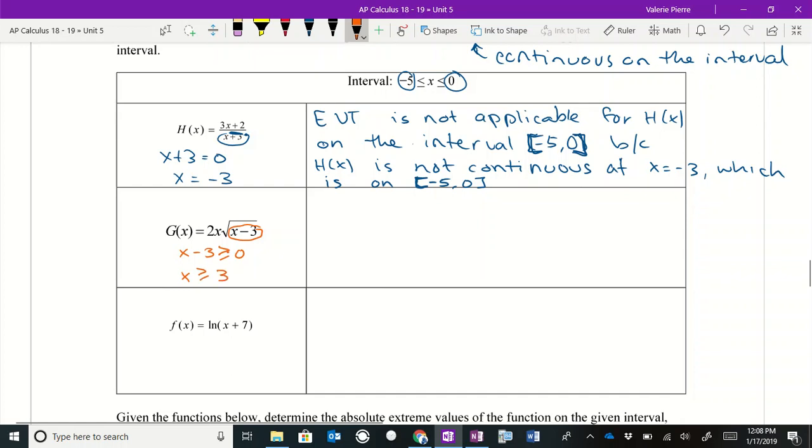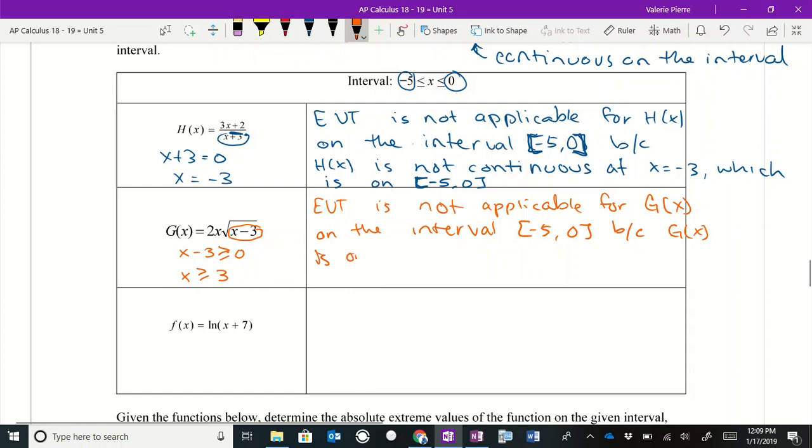And looking at our interval, x is only between -5 and 0, so therefore EVT is not applicable for g of x on the interval -5 to 0, because g of x is only continuous for x greater than or equal to 3.